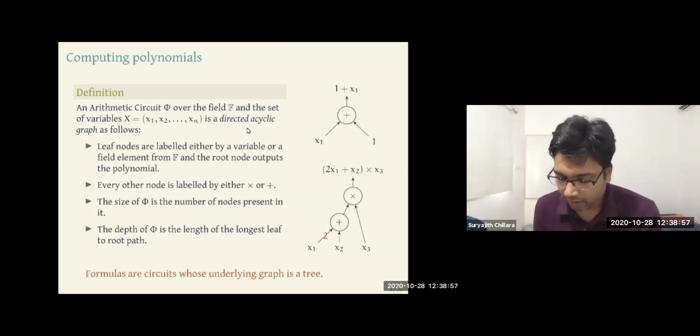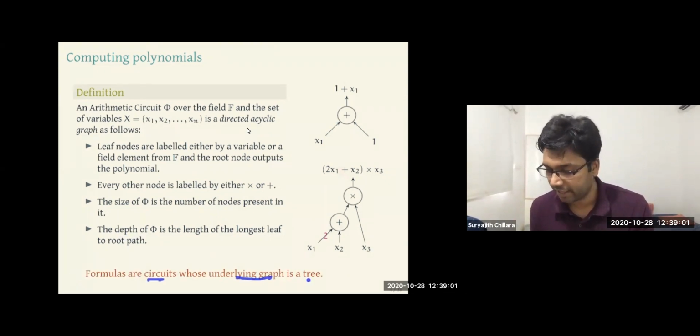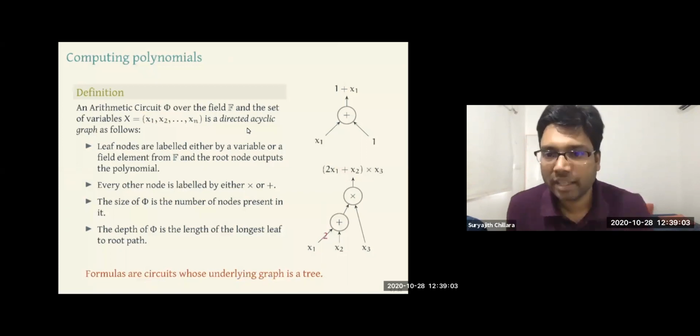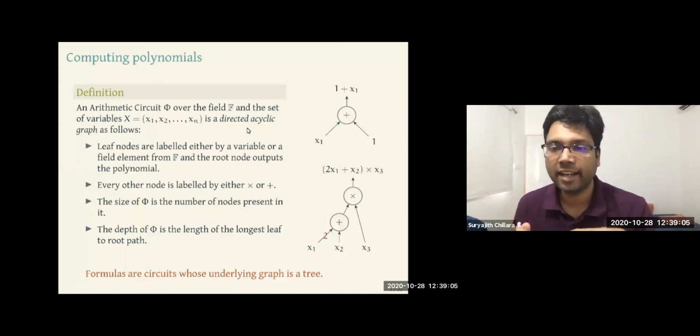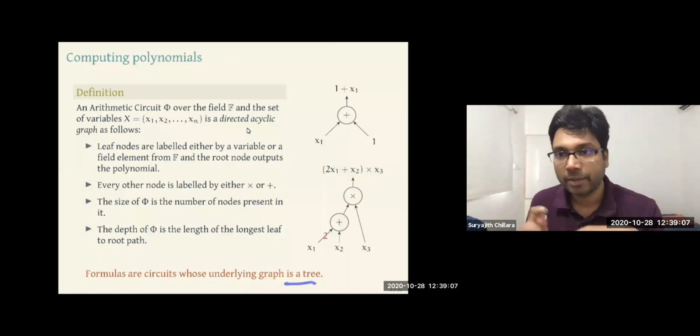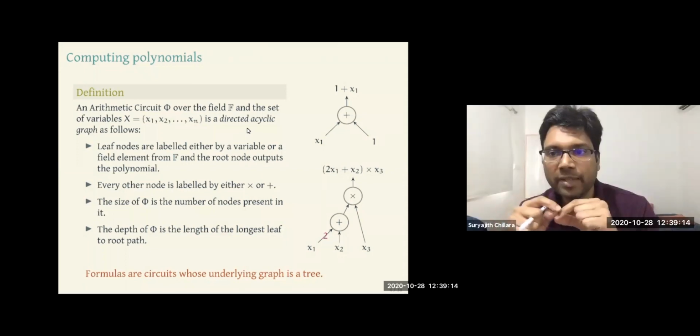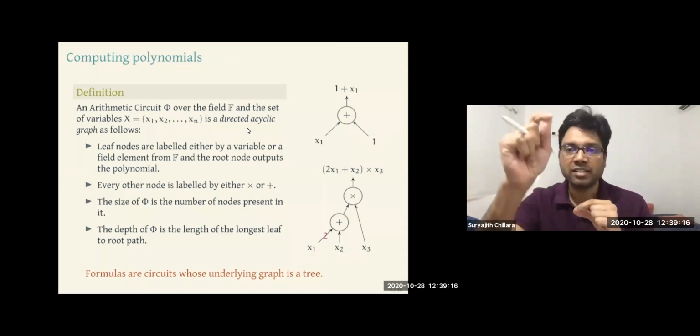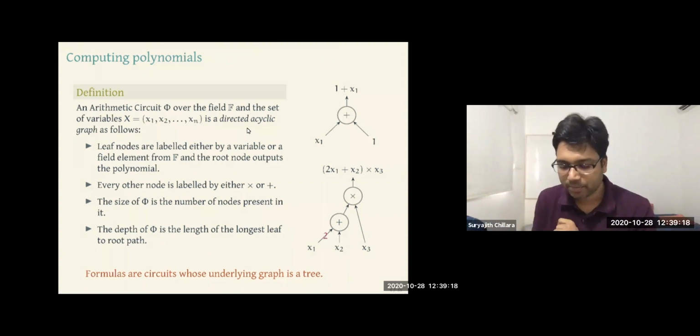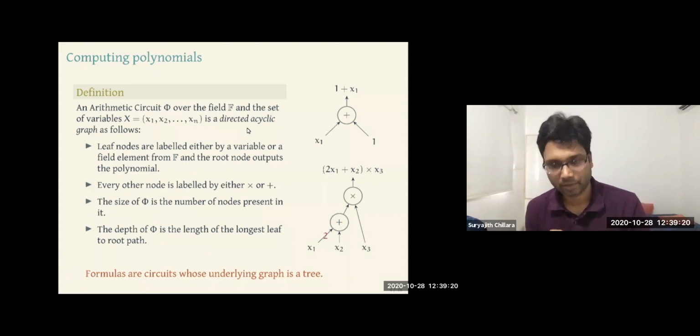We can also define formulas as circuits whose underlying graph is a tree. That means in this directed acyclic graph, when it is a tree, the computation is not reused. If the fan out of a particular node is 1, that means it is only used once. So formulas are special circuits where computations are not reused.